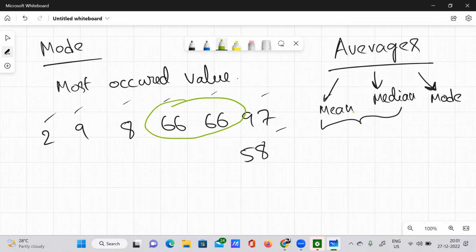Whatever the number may be, if it is repeating more than one time, in this example you can definitely consider it as the mode. Why? Because this is the most occurred value. So I'll choose 66 as my mode. This is one example.